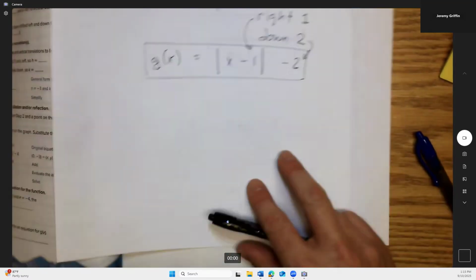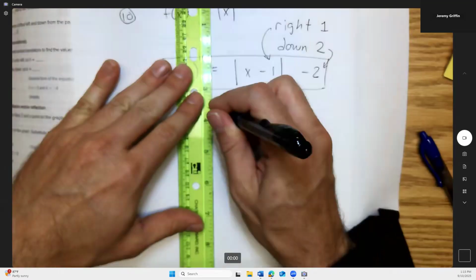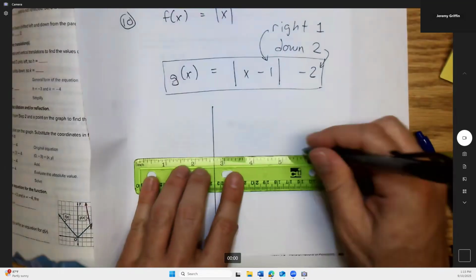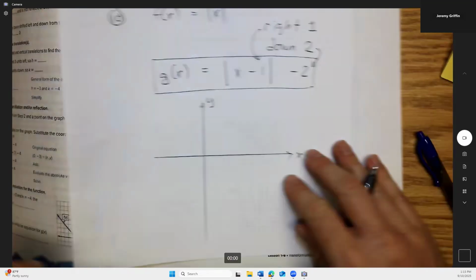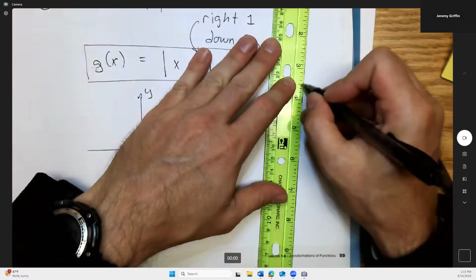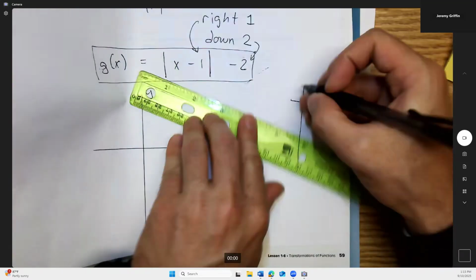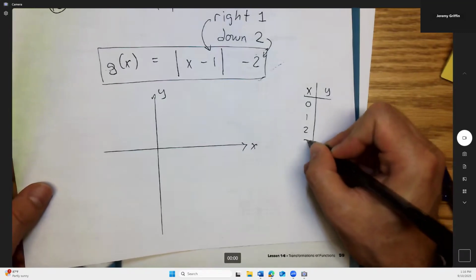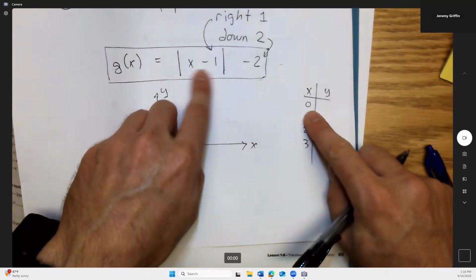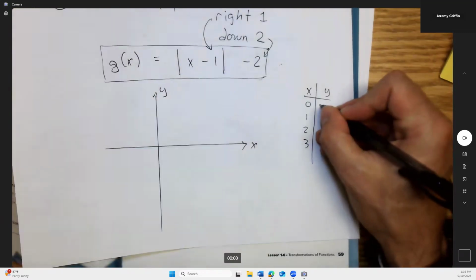But here, I'll draw it out for you guys to prove that that's actually true. So x, y, make a little xy table over here. Okay. So let's go 0, 1, 2, 3. If I plug in 0, this comes out to 1, minus 2 is negative 1.